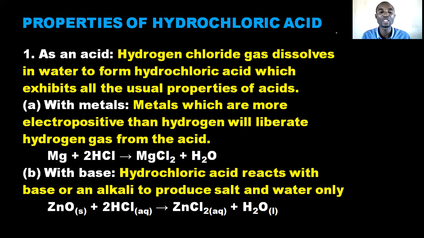With a base or an alkali, hydrochloric acid reacts to form salt and water, which is what we call a neutralization reaction in chemistry. When an acid reacts with a base, it forms salt and water. So hydrochloric acid does that.